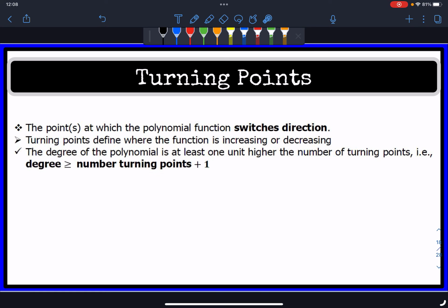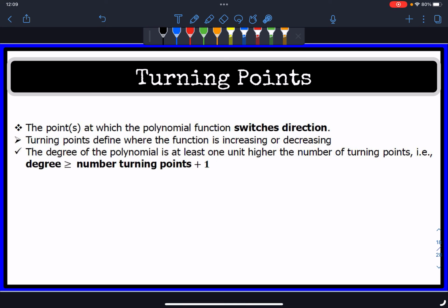A turning point is where the function increases or decreases and changes direction. The point in which the polynomial switches directions is a turning point. And the relationship between the turning points and degree, like I stated earlier, is that the degree is greater than or equal to the number of times it turns plus 1.